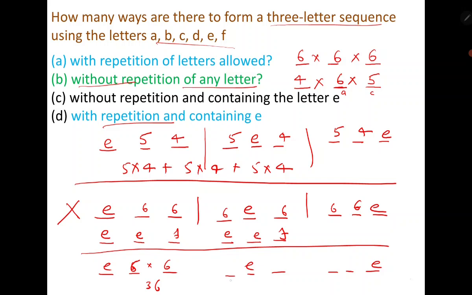Now, to avoid repetition, I cannot use E at this position, so only 5 letters are available for this position, and 6 can be used here. So this is 30. And now E cannot be here and E cannot be here, so only 5 letters can be used at the first position and 5 at the second position. So it's 25, and if you add them, the answer comes out to be 91.